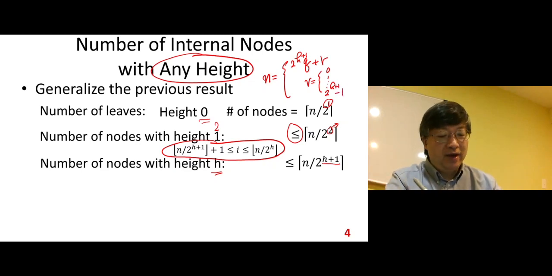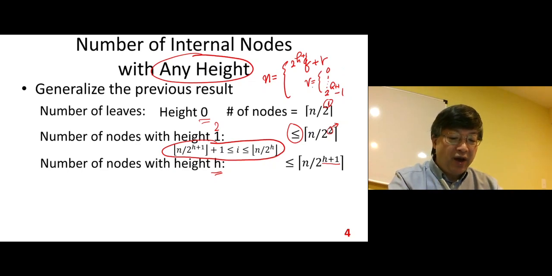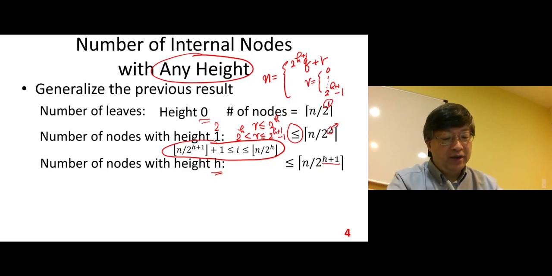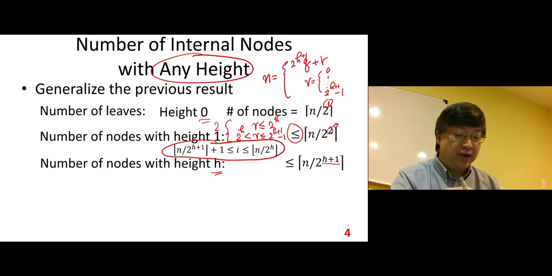Although there are many numbers, you can mainly look at R less than or equal to 2^h, or R greater than 2^h and less than or equal to 2^(h+1) minus 1. Only discuss these two different cases, so you can prove that.